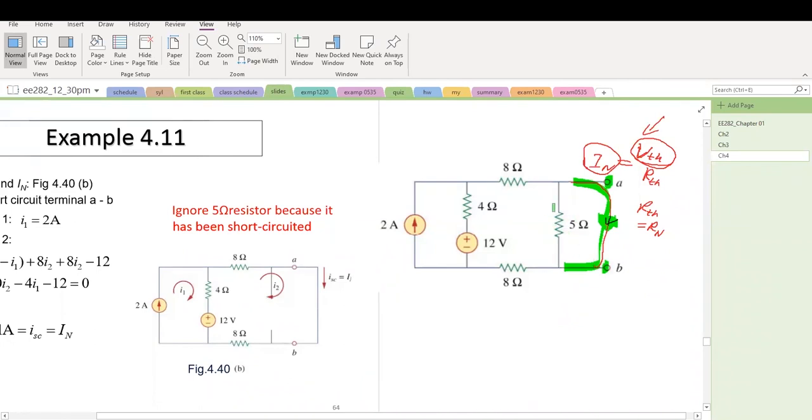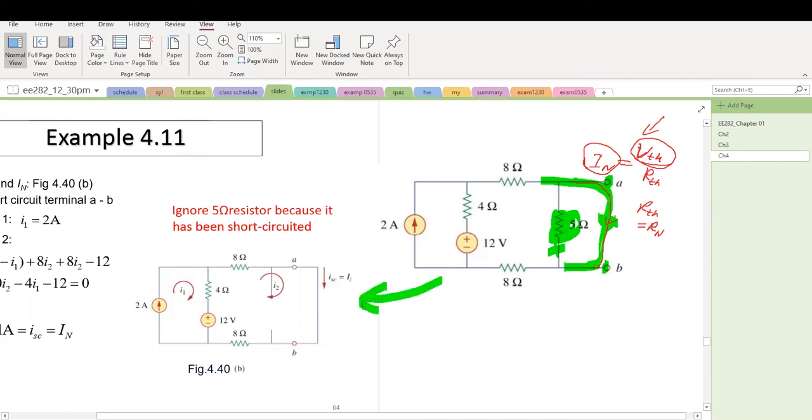Remember, there is a 5 ohm resistor here, but because this is an ideal wire, the resistance is 0, so current will flow through here instead of here. So this 5 ohm resistance is being short-circuited.